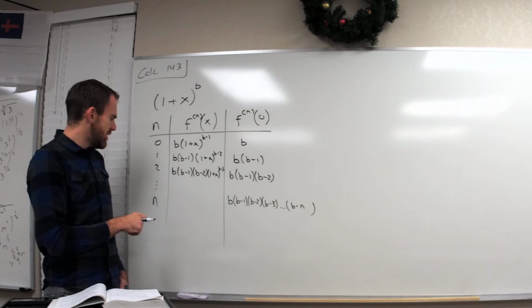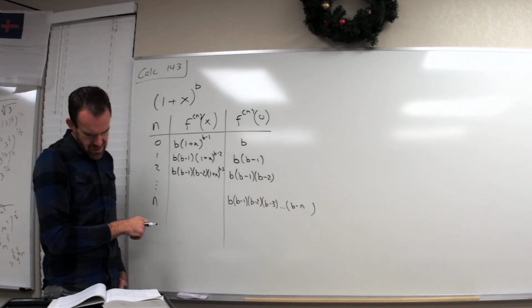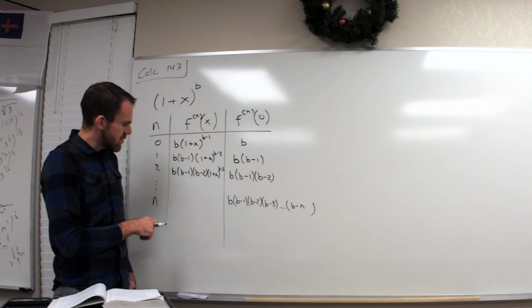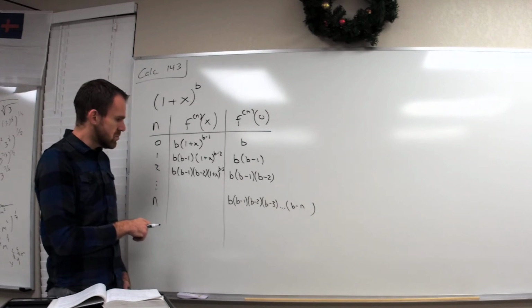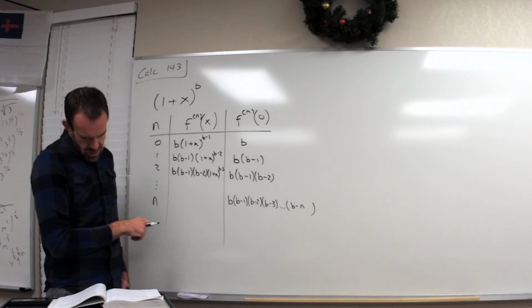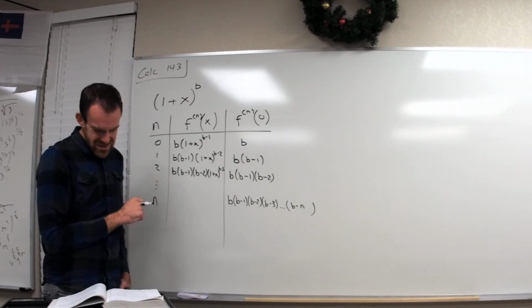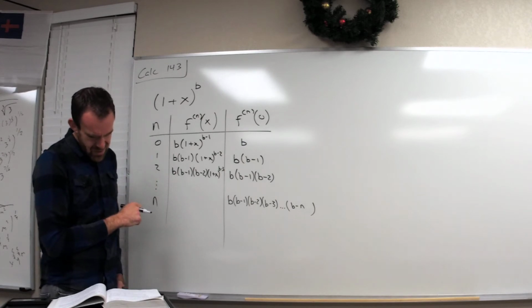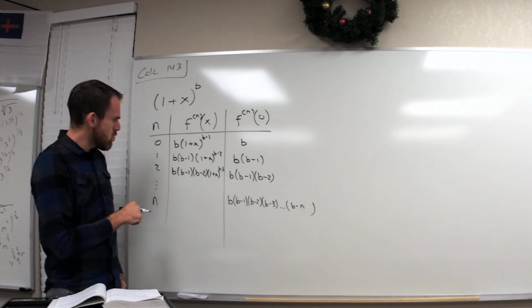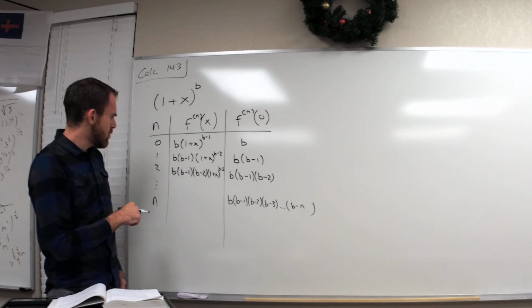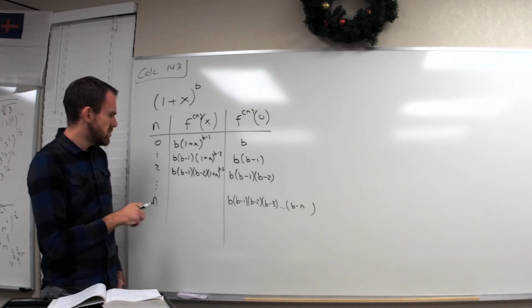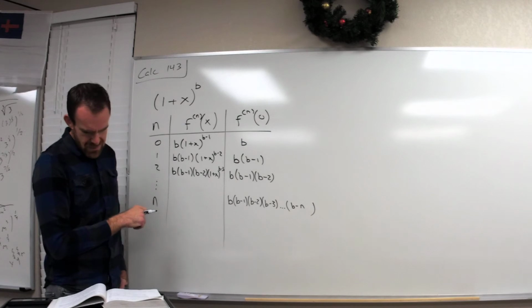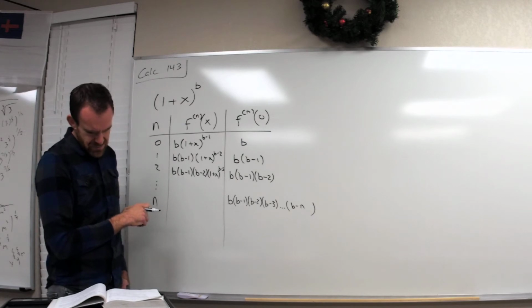All right, I made an error. What is my error? I don't know. All right, I'll take at least 4 seconds to figure it out, and if not, we'll just have to live with it. I feel like it's b minus n minus 1 as well.